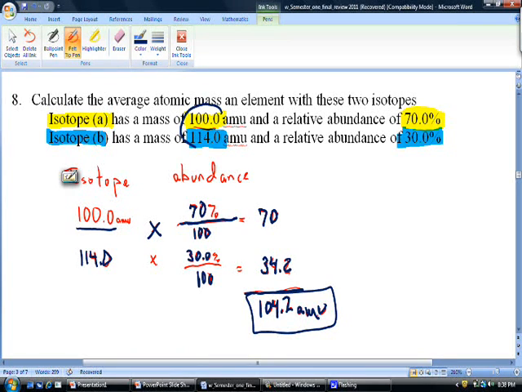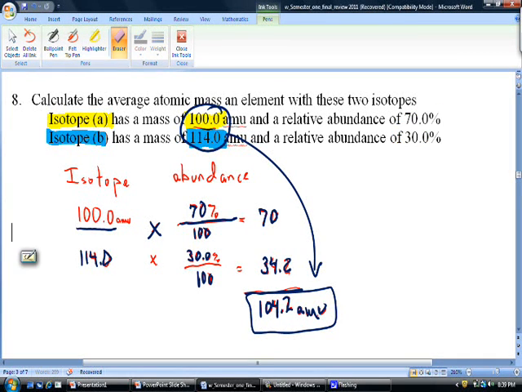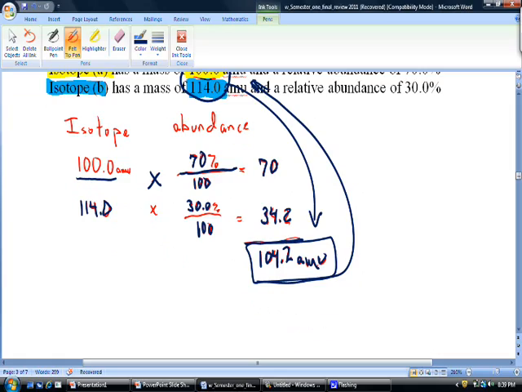It should be closer to the more abundant isotope, the one that had 70%. 70% of the atoms are of that isotope, and indeed we see that this is closer to the 100 AMU. So that's how we calculate with a weighted average.